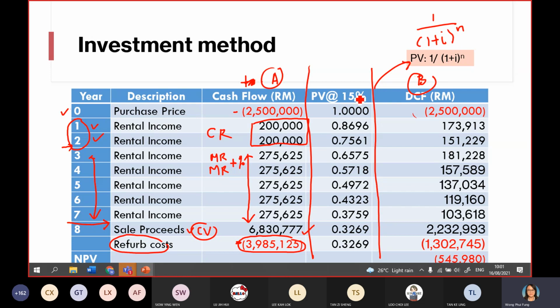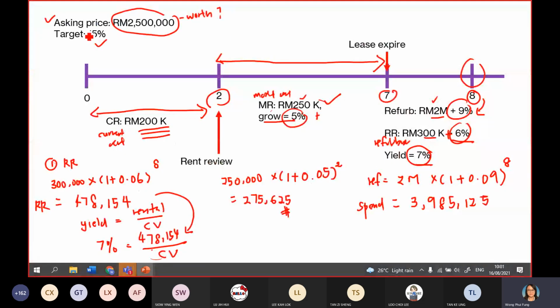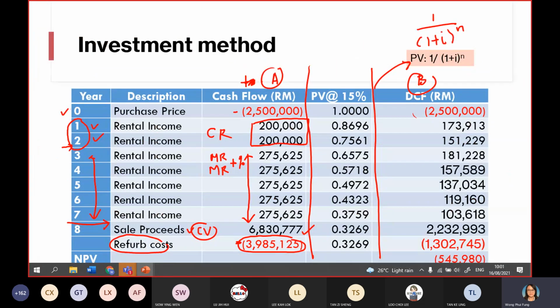You use the target 15%. You use the target set by the client. Okay, which one? This one. So you use the target set by the client, 15%. n to the power of n, right, depends on which row. If n here means n equals 0.